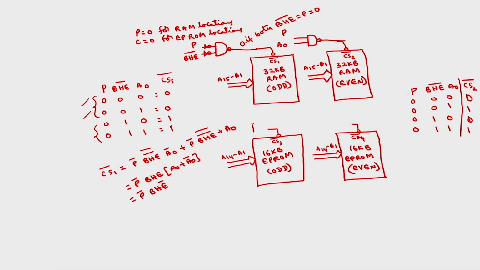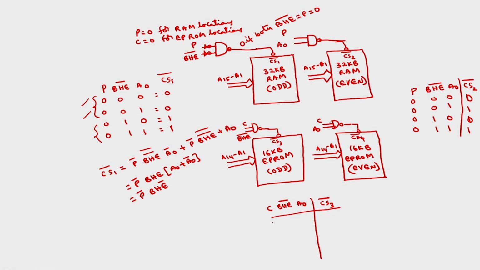Similarly, here we will get NAND gate outputs. The inputs of this one will be C, BHE bar, and here C, A naught. In a similar manner, you can check for this. If you want CS3 bar, the inputs will be C, then BHE bar, A0.